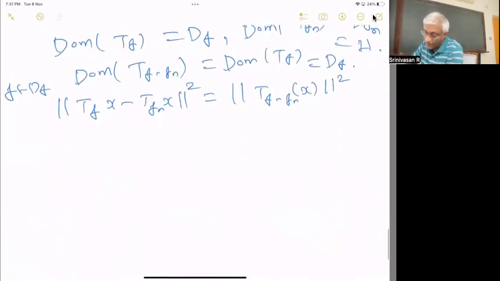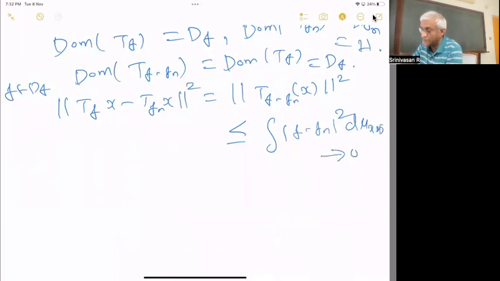Now I'm talking about Tf minus Tfn x, which is equal to Tf minus fn x. Now this is less than or equal to, we know, the integral of f minus fn square d mu x. Now this goes to 0. I mean, this is the right argument. So this implies Tfn x goes to Tf x.